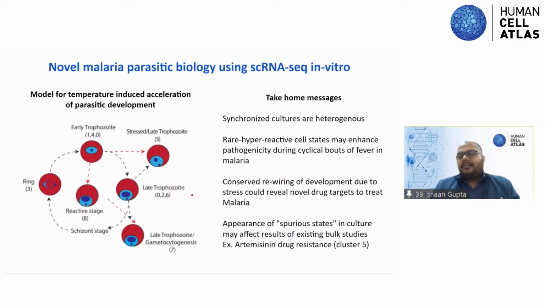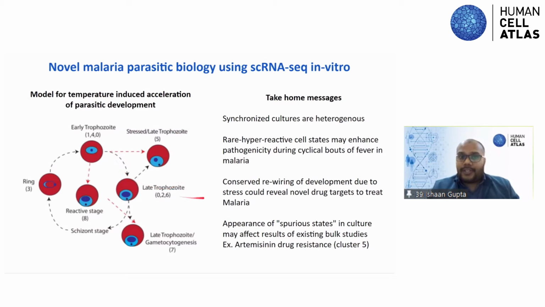And we suggest, and we have some data that is ongoing that suggests, that this rewiring of development due to any form of stress could be a conserved mechanism in malaria, how it's trying to adjust because it has to adjust in 2 different environments. And the genes which are playing a role in this rewiring could actually be revealing potential new drug targets.